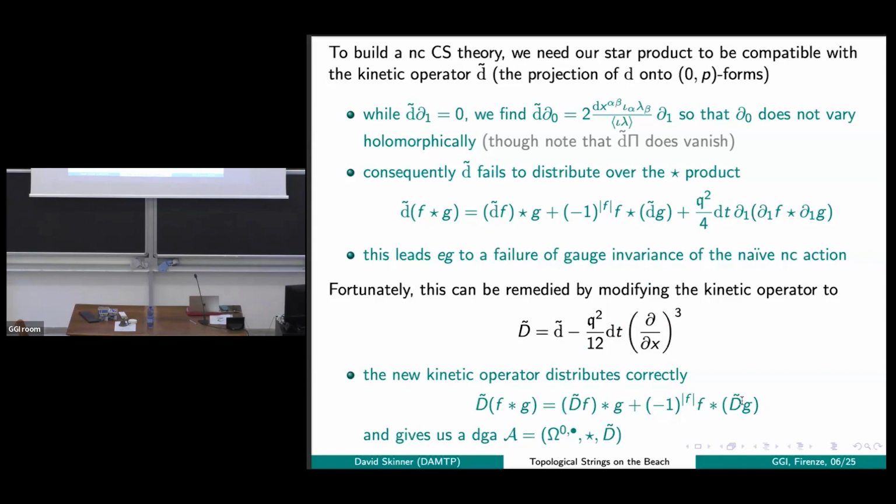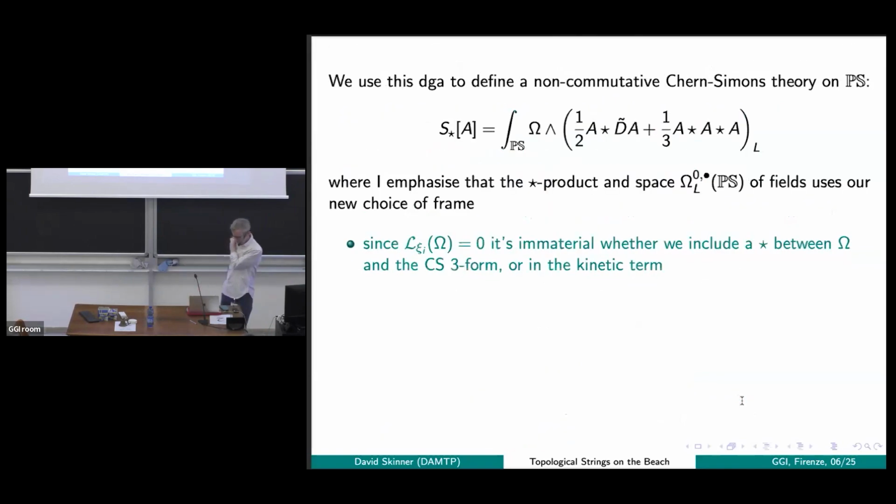So we add a new term to the kinetic operator, which involves these higher order derivatives in the x direction. And what singles out this differential operator is the fact that it does obey distributivity with respect to this new star product. Technically, what we've now got is a DGA. So now we can write down a non-commutative Chern-Simons theory adapted to this new frame.